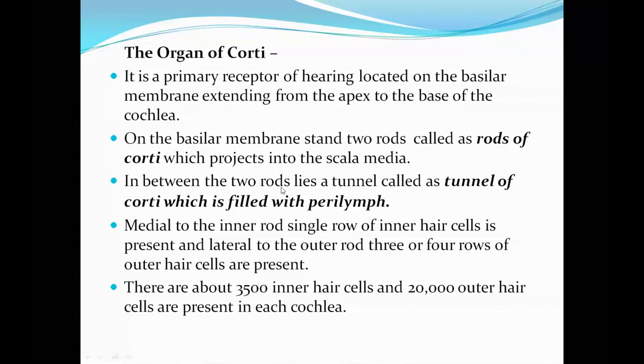In between the two rods lies a tunnel called the tunnel of Corti, which is filled with perilymph. Medial to the inner rod, a single row of inner hair cells is present, and lateral to the outer rod, 3 to 4 rows of outer hair cells are present. There are about 3,500 inner hair cells and 20,000 outer hair cells.